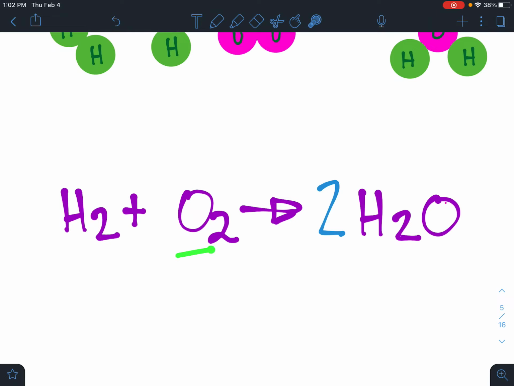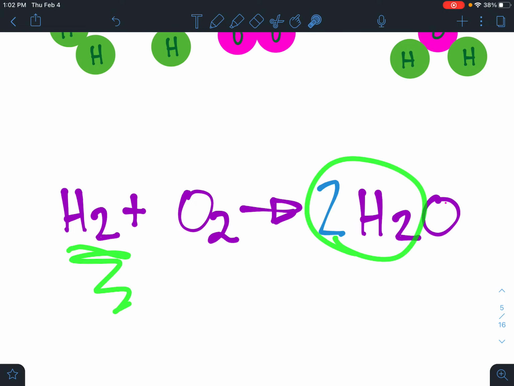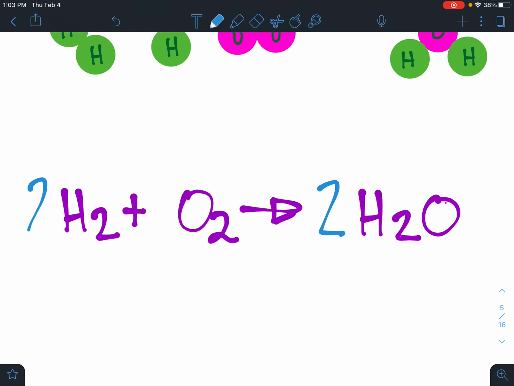That would balance our oxygens, but it unbalances the hydrogen. So then we have to double back and think, what times 2 equals 4 hydrogens, which is what we get from 2 H2O molecules? And the answer to that is 2. So we put the coefficient of 2 in.